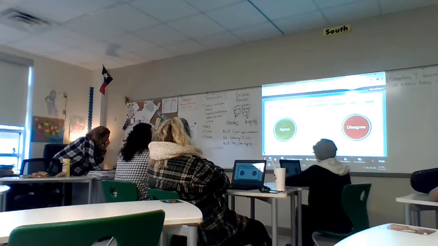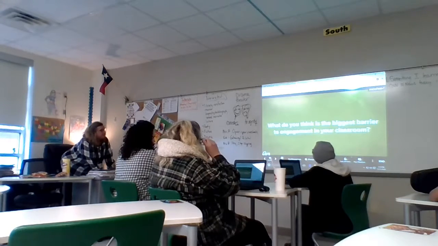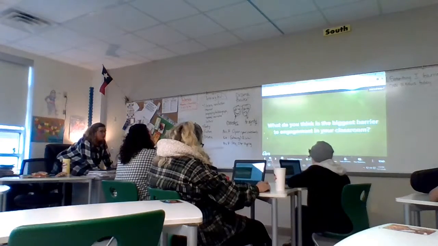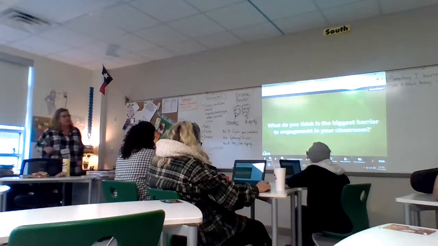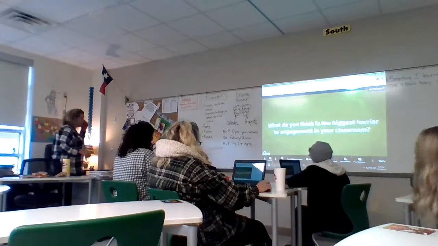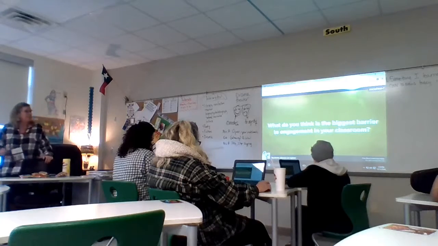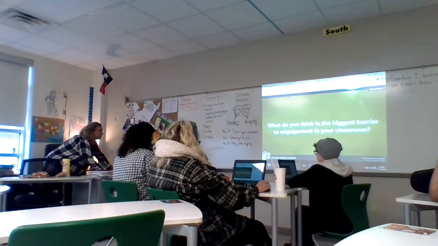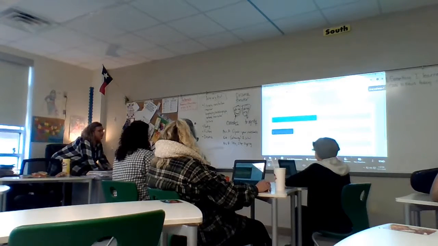All right, what's the next one say? What do you think is the biggest barrier to engagement in your classroom? So this is the question, and on the student screen, as you can see in front of you, it allows you to actually type in an answer. And as they're typing in answers, we can actually... Oh, all right.